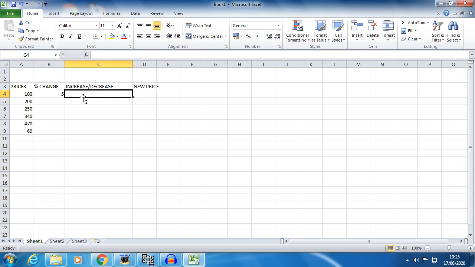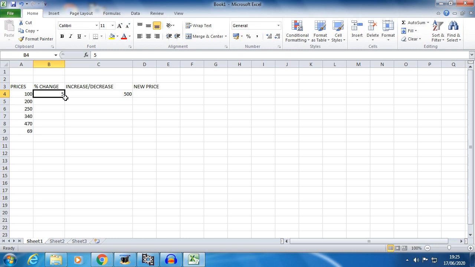Okay, so let's do this. Equals this times this. But as you can see, we got 500. 500 is not 5. The reason why this happened is because we have 5 here instead of 5%. Even though we've put percent here, it's 5% we really need here.